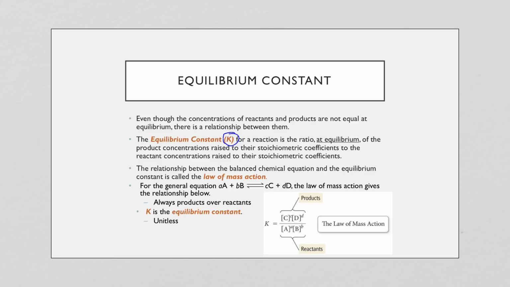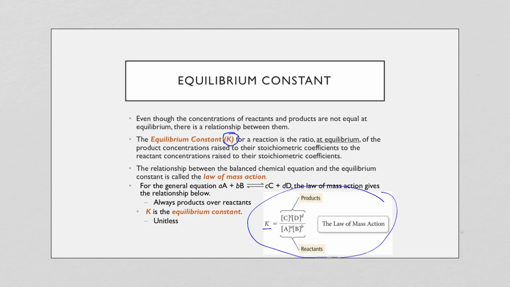So if we take our sample reaction, the equilibrium constant is the products. We take the concentration, and notice the brackets here, that's indicating molarity.